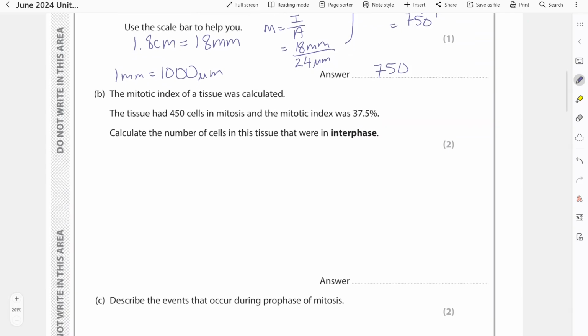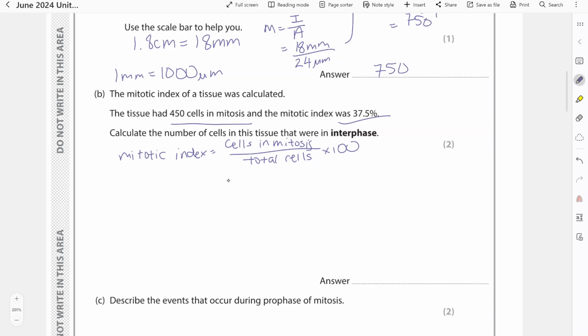Okay. The mitotic index of a tissue is calculated. The tissue had 450 cells in mitosis, and the mitotic index was 37.5. Calculate the number of cells in the tissue that were in interphase. Okay, so the mitotic index is the number of cells in mitosis divided by the total number of cells, and then we would times that by 100 to get a percentage.